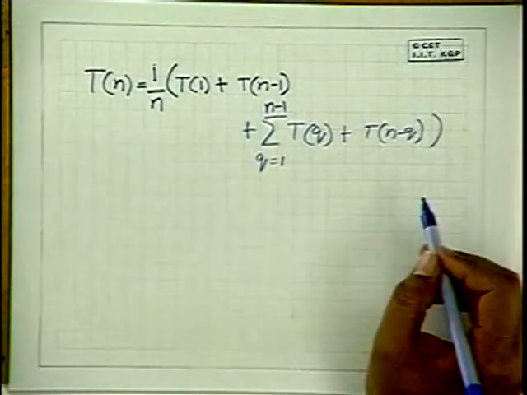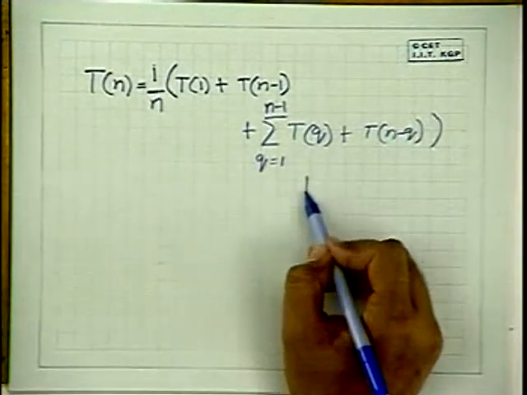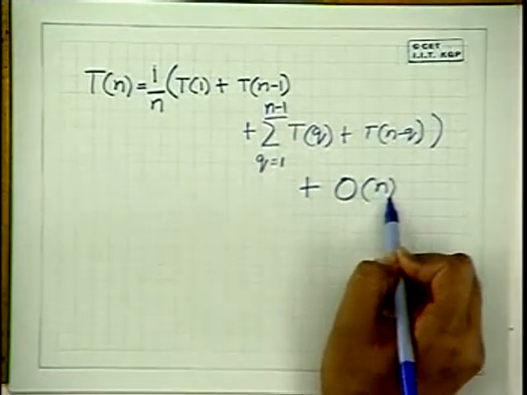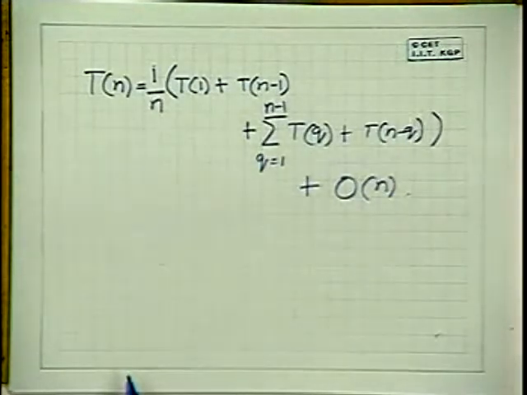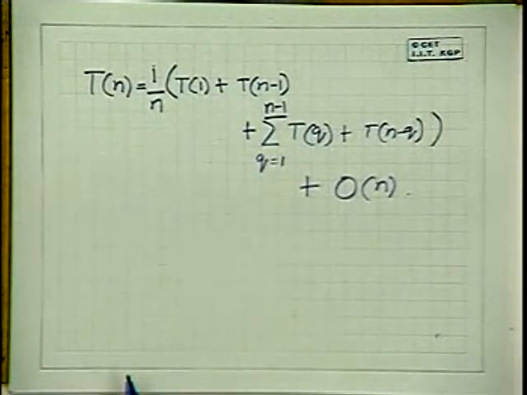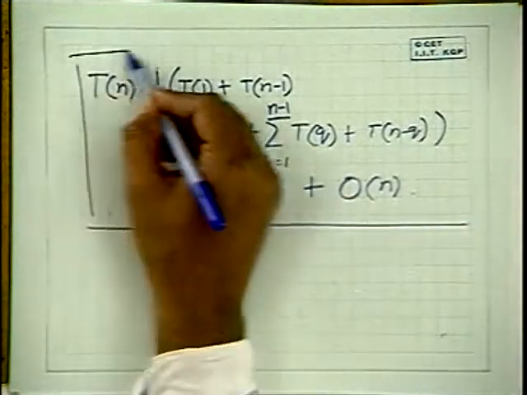Is it complete? Then I have to put order n, which is always there. So I need to analyze this part.